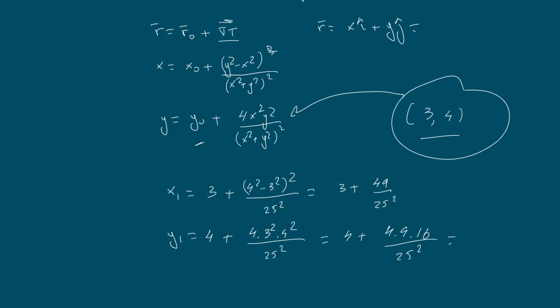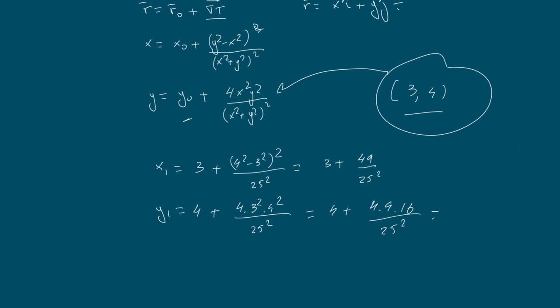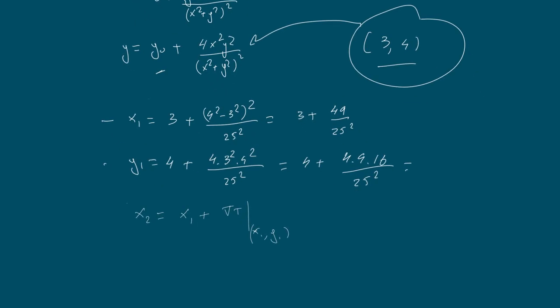How will I find another point? The second point, x2, so I have the first x1. It will be x1 plus the gradient of t evaluated at the point x1, y1.